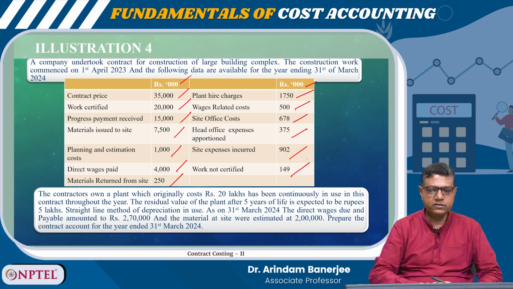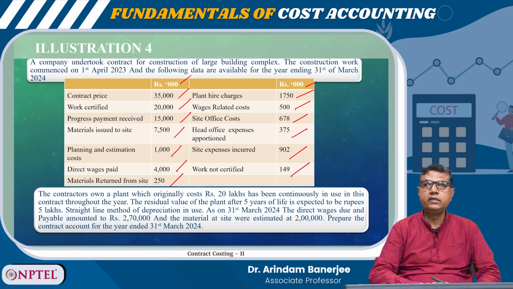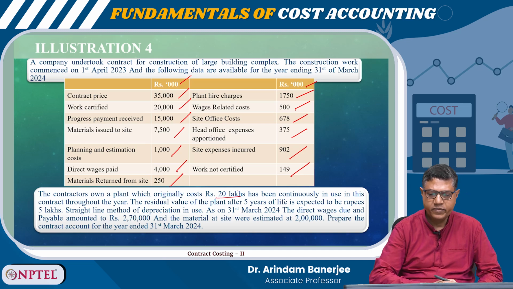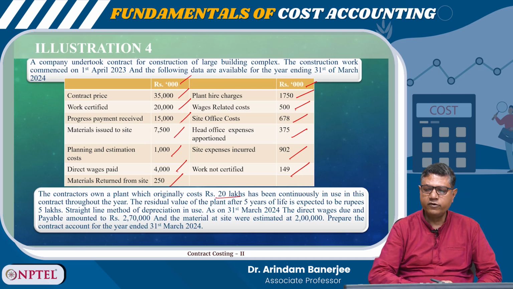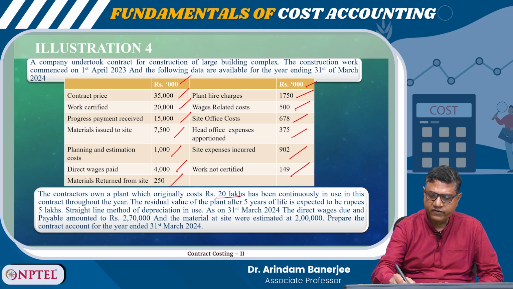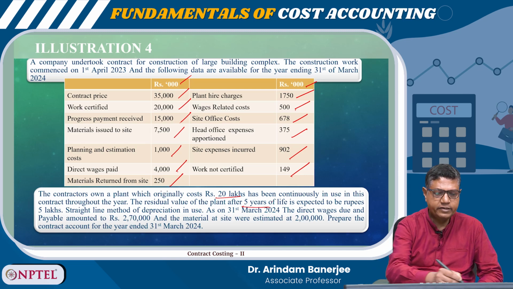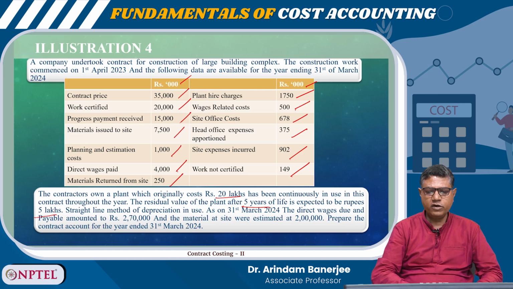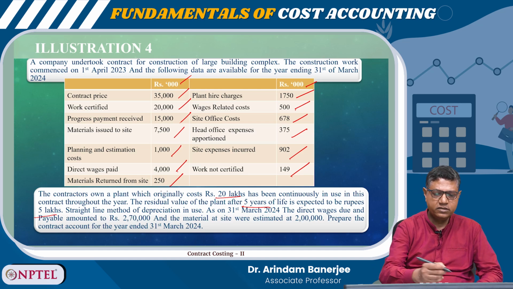The contractor owns a plant which originally cost 20 lakhs and has been continuously in use in this contract throughout the year. The residual value of the plant after 5 years of life is expected to be rupees 5 lakhs. Straight line method of depreciation is in use.